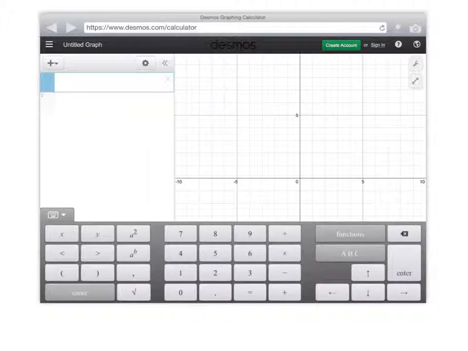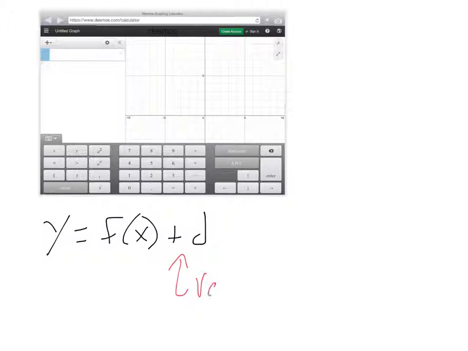So adding or subtracting a value from the outside of the function is a vertical shift either up or down, right? So our conclusion from all this is that if we have some function y is equal to f of x, and we add some value to the outside, which we're going to call d, then this is what we're going to call a translation.